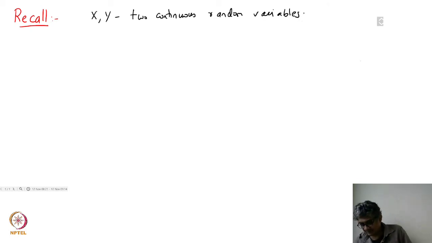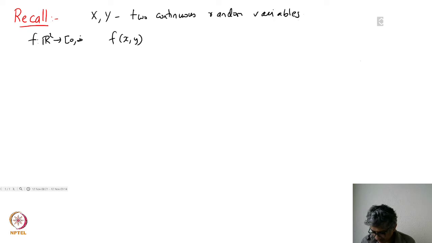And then I discussed that we may have a joint density function, that is f_XY is a function from R2 to the non-negative half plane. f_XY is non-negative, first of all, and f_XY is again piecewise continuous.